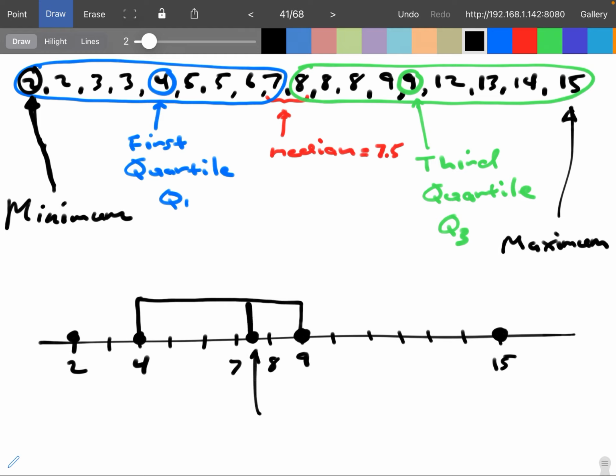I guess I could label that. And then you draw a whisker out to your maximum, like that. And then you draw another whisker out to your minimum like that. So you got a box, which is that rectangle, and then you got 2 whiskers.